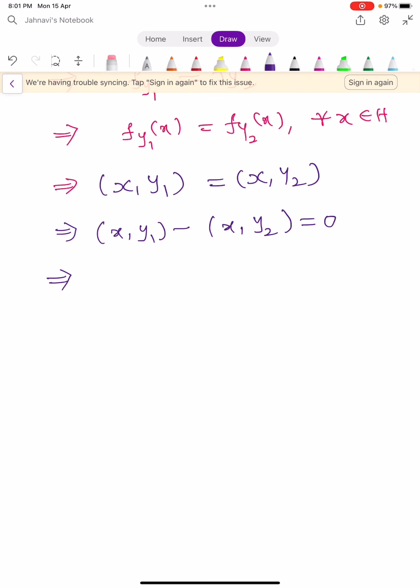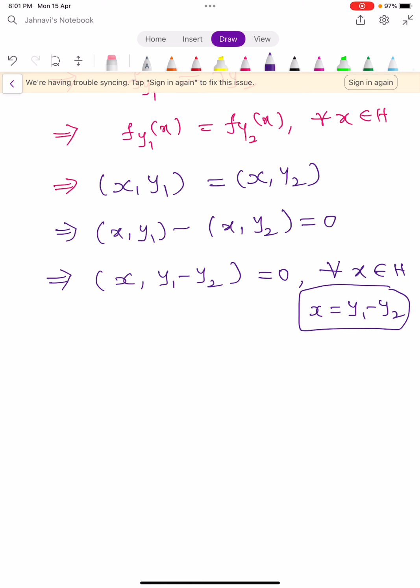Again, it can be written as the inner product of x comma y1 minus y2 is equal to 0 for all x belongs to capital H. By taking x is equal to y1 minus y2, remember that we are choosing this one, you simply get the inner product of y1 minus y2 comma y1 minus y2 is equal to 0.